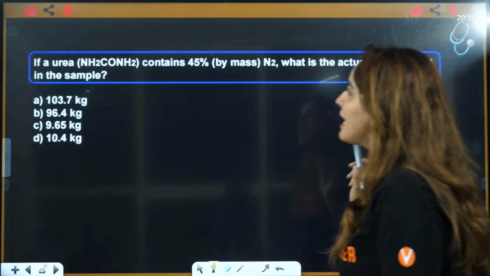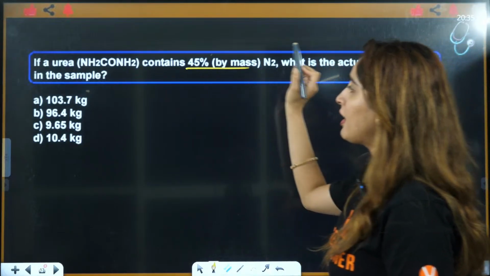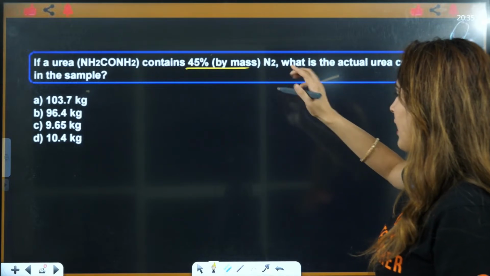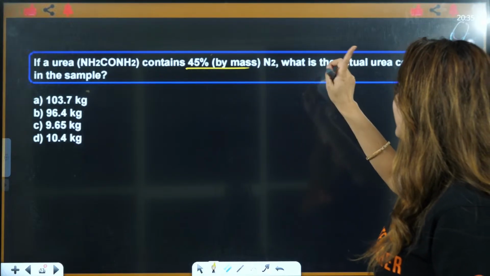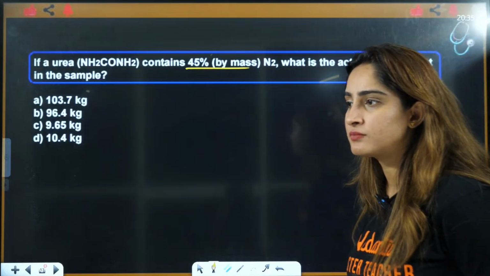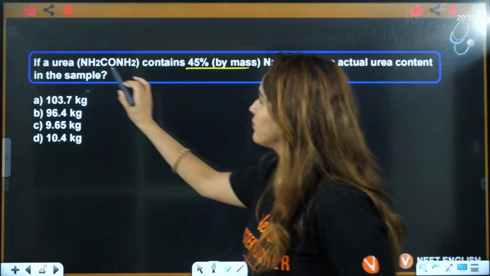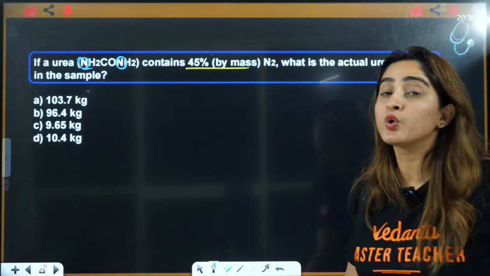Now, first question: if urea contains 45% by mass N2, what is the actual urea content in the sample? They are asking about N2, which is 2 atoms.